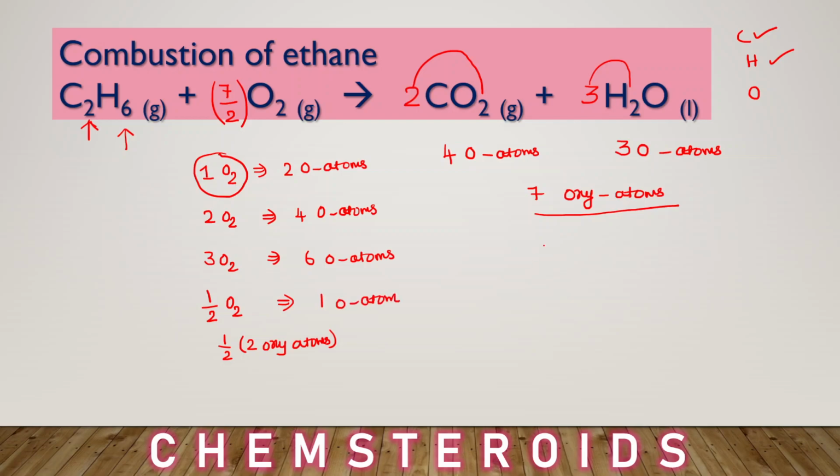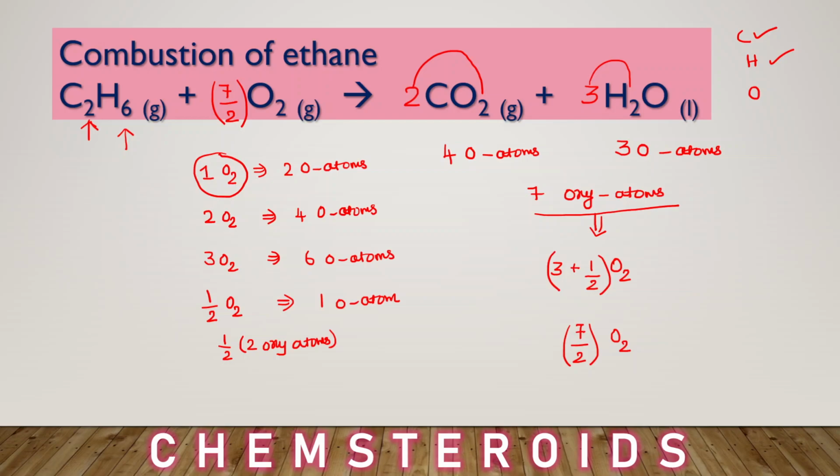Which means whenever you get 7 oxygen atoms for O2, you can say 3 O2, which means 3 into 2 is 6, plus you need one more oxygen, for which I'll write it as half. 3 plus 1 by 2, that is going to be 7 by 2 O2. So learn the concept, at the same time learn in a quick way to balance the equation. I hope now you all got why we write 7 by 2.